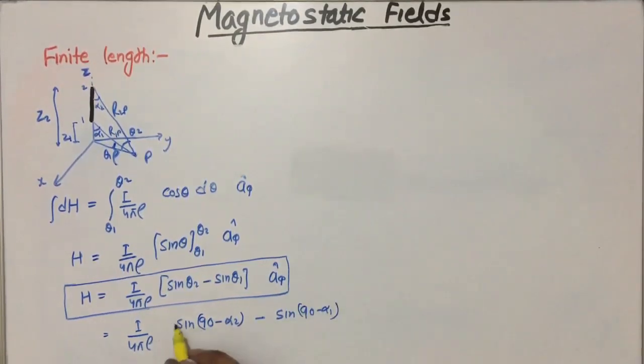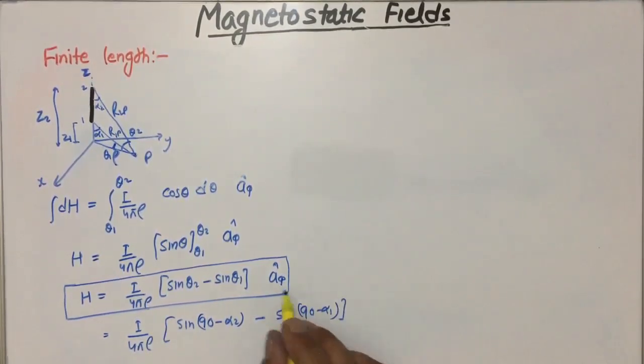There is no change in that. The next step will be I by 4 pi rho, it will be cos alpha 2 minus cos alpha 1 in the direction of a phi.